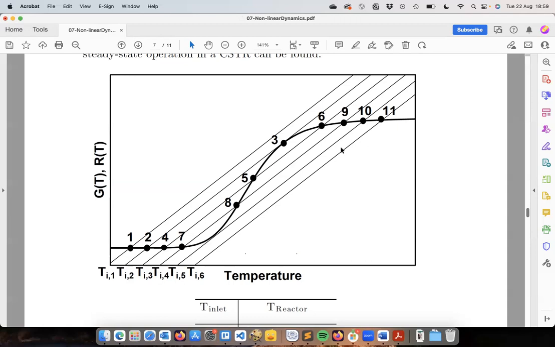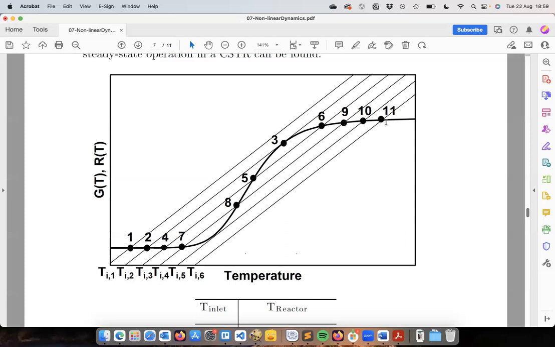So we are removing more and more heat. So R doesn't get affected by the reactant running out. The G line settles out because it's running out of reactant here. The R line is not dependent on the reactant, and so that just keeps rising. And so up here, we reach a stage where G equals R.